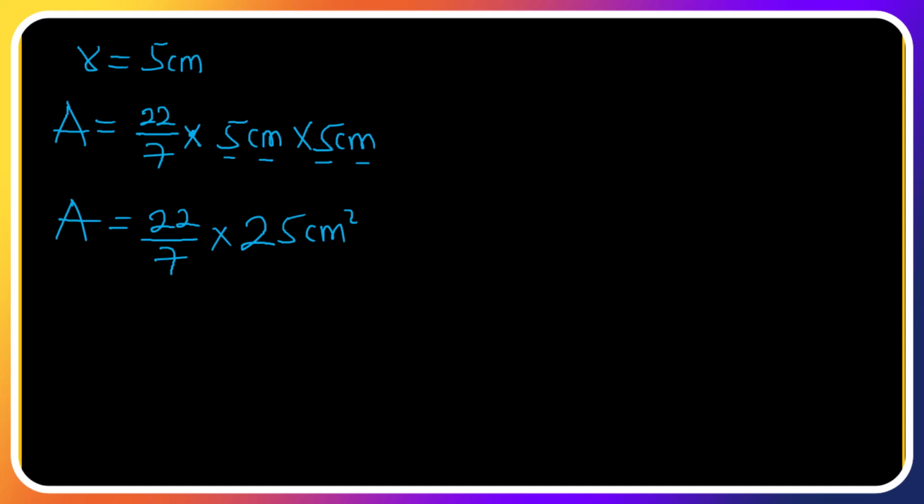So we can simplify this. The simplest way to do this, never think of using a calculator, is that 22 times 25 can be broken into tens and then ones. So we have 22 times 20, which is 440. 2 times 22 gives us 44, and then we include the 0, making 440.